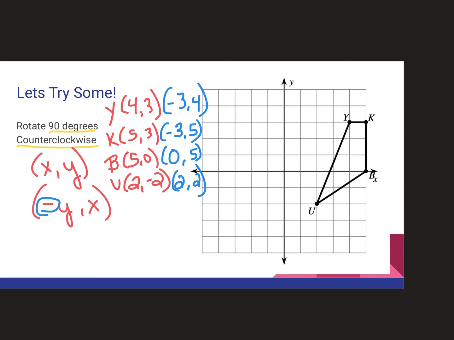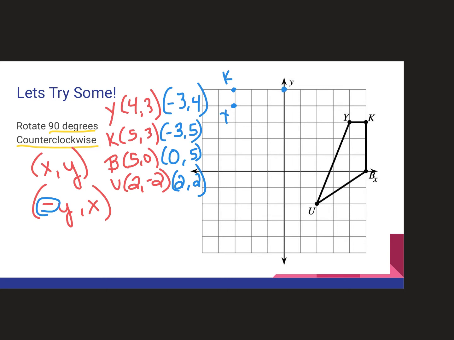So now I'm going to plot these points. Y is at (-3, 4), so here's where Y goes. Oops, let's go back and undo where I wrote the Y. I'll write the Y here instead. K is at (-3, 5), so here's K. B is at (0, 5), right here.